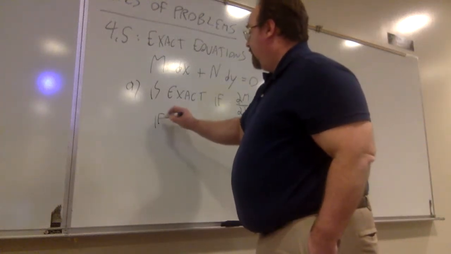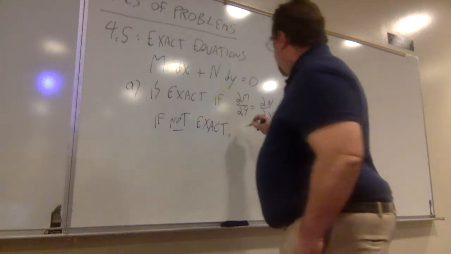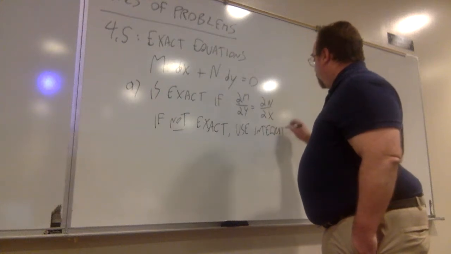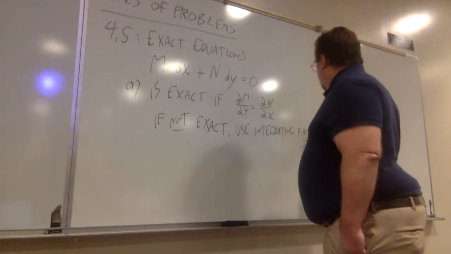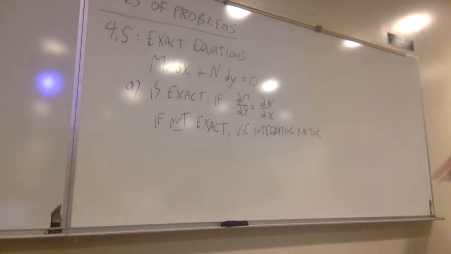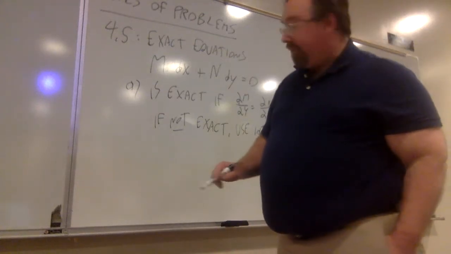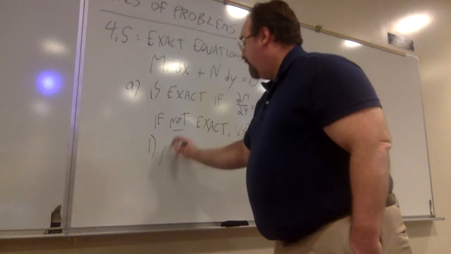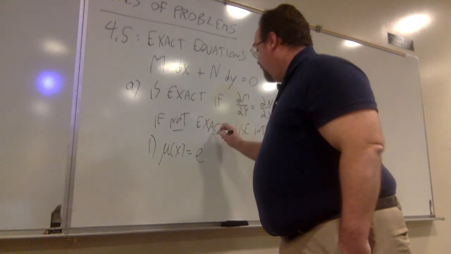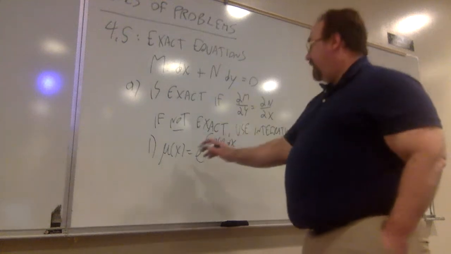Now, if it turns out not to be exact, then you need an integrating factor. And you have two options. So option 1, where your integrating factor is a function of x. So it's e to the integral g of x dx.